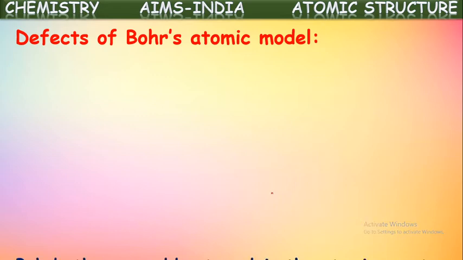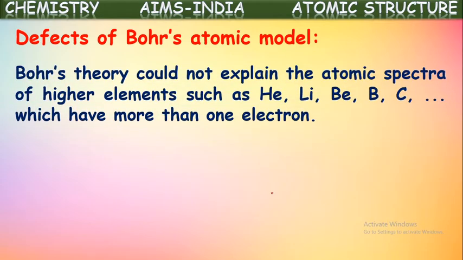Let us see those. One among them is that Bohr's theory could not explain the atomic spectra of higher elements such as helium, lithium, beryllium, boron, carbon, etc., which have more than one electron. That means Bohr's model of atom is restricted or limited, or it is applied only for single electron species.